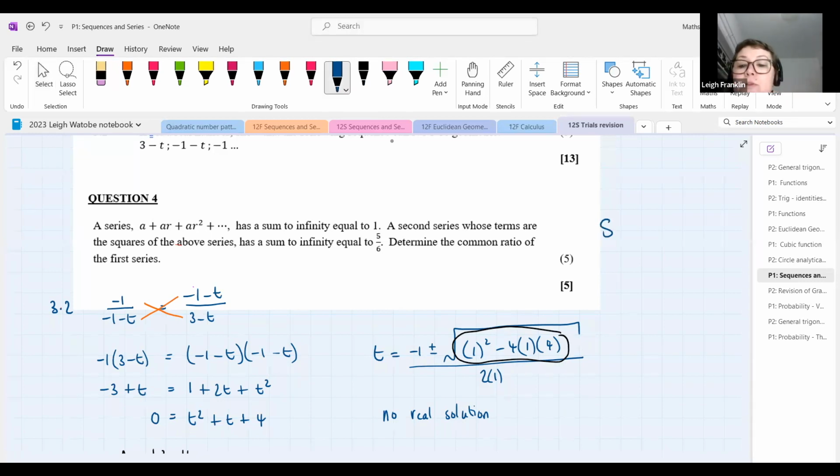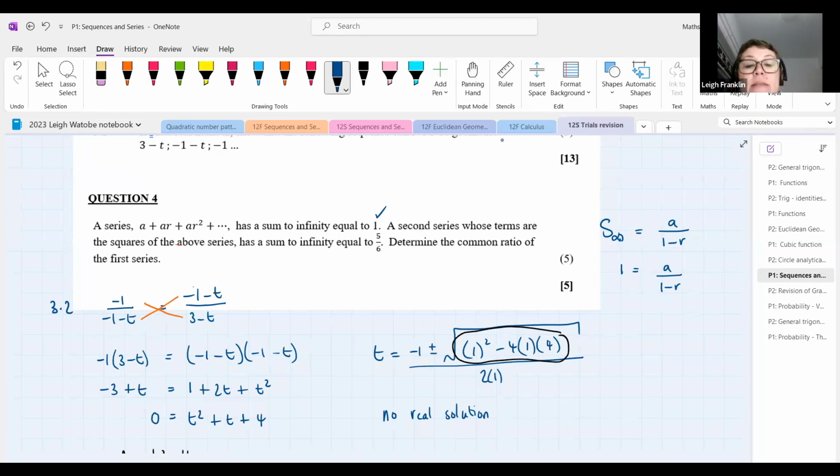So sum to infinity is equal to a over 1 minus r. So if they tell us that this particular series has a sum to infinity of 1, we know that 1 is equal to a over 1 minus r.